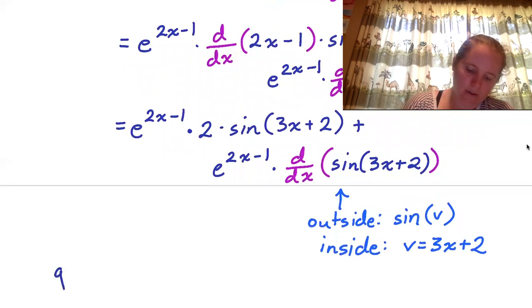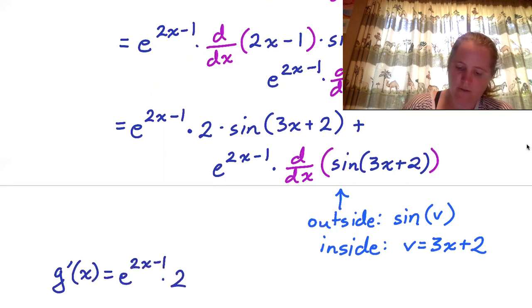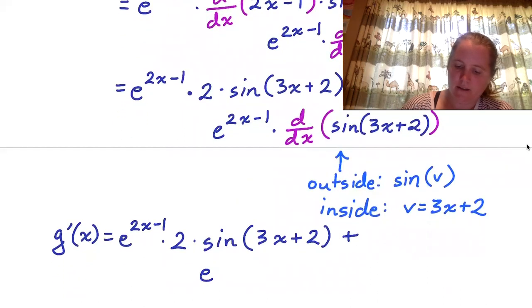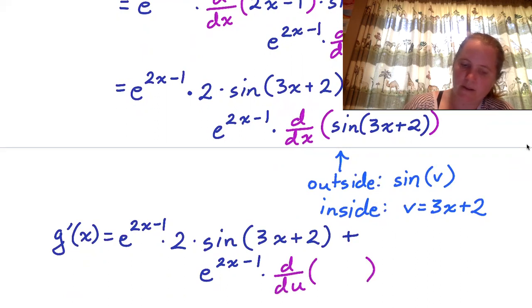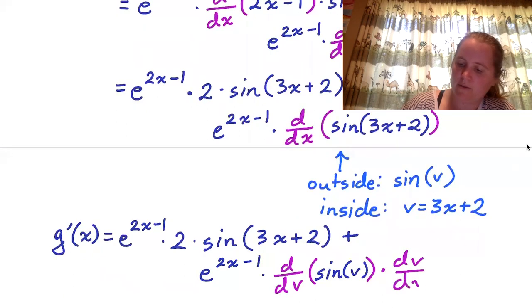So we have g prime of x is equal to e to the 2x minus 1 times 2 times sine of 3x plus 2 plus e to the 2x minus 1 times, chain rule says we do the derivative with respect to v, I apologize, of sine of v, and then we should multiply by the derivative of v with respect to x.